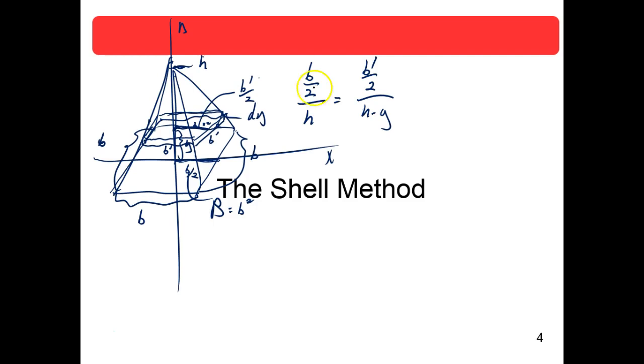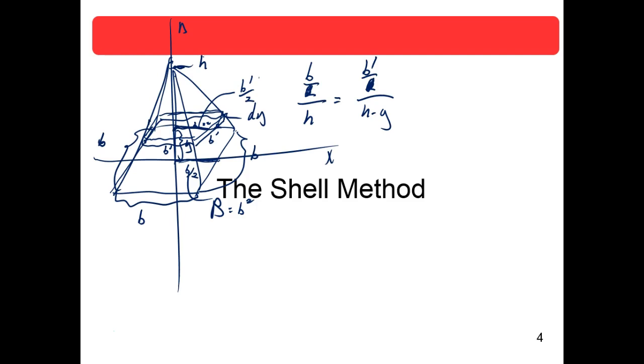Let's just make it b. b is to h is b prime is to h minus y. Because that's true too. The whole length here, b is to h is b prime is to h minus y. So they make the ratio there. It is simpler, so we'll go with that one.